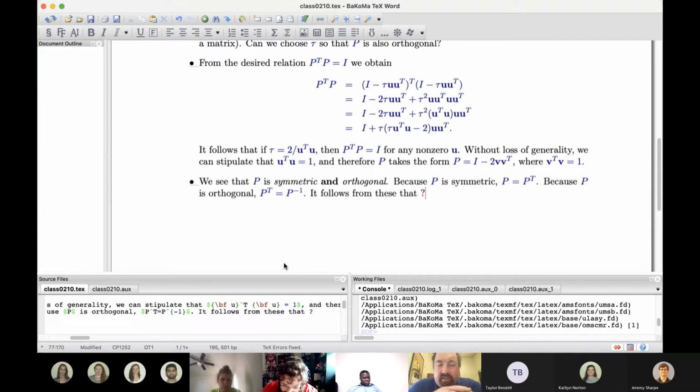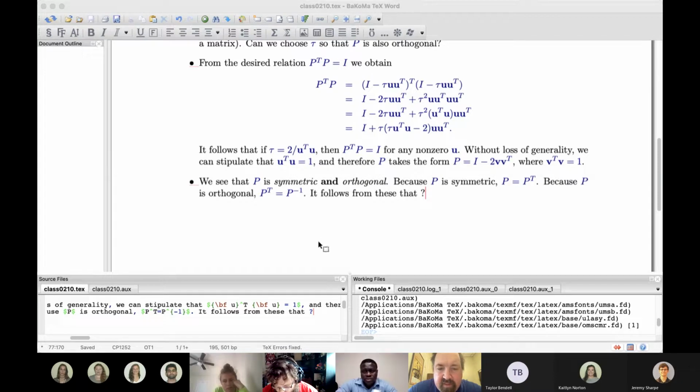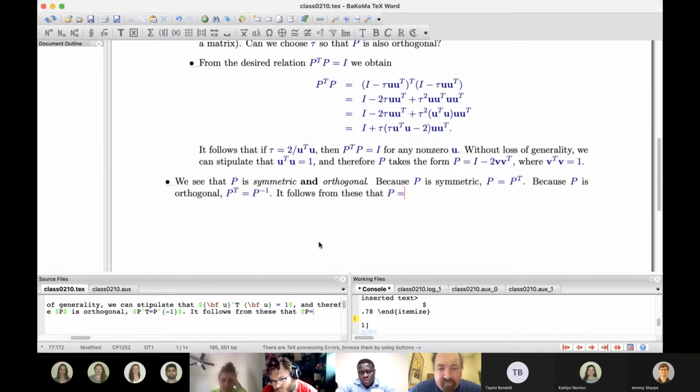What can we conclude from the two of these together? P equals P inverse. Yes, P is its own inverse.